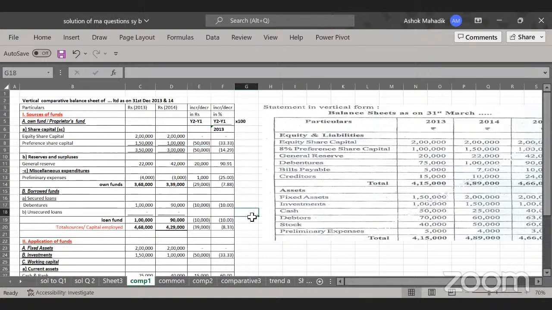I told you about the balance sheet, the vertical balance sheet, how to prepare it. You have to know this because it will be useful in the ratio analysis chapter. Now I'll show you a trend analysis sum.